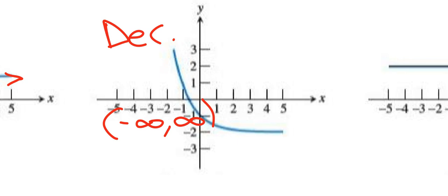Is the word decreasing describing the x values or the y values? It's about the y values, isn't it? The interval tells you where that's happening. On the x's, the word decreasing or increasing is telling you what's going on with the y's. Just like the idea of continuities are x values, limits are y values.